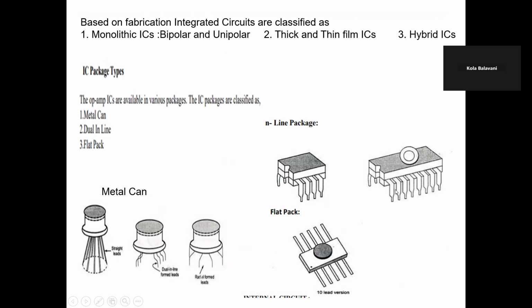Dual inline means it has two equal lines on both sides, and we can identify the pin numbers in the ICs by identifying the notch present in the package. This is the flat package, and this one is the metal can package. An IC can be available in any package. Here the operational amplifier is available in the form of a dual inline package.